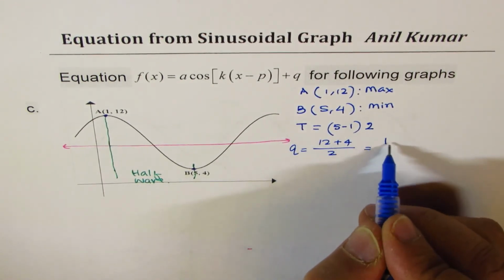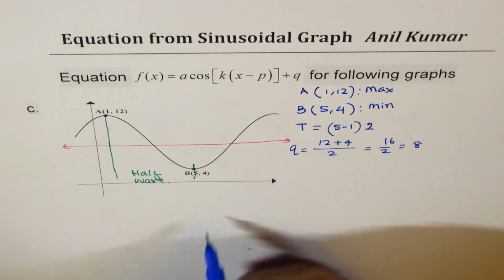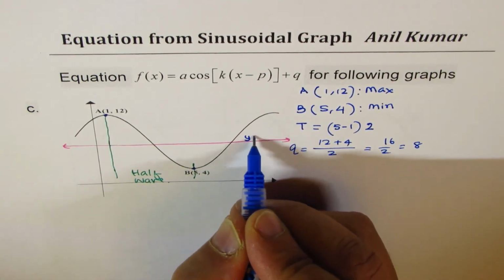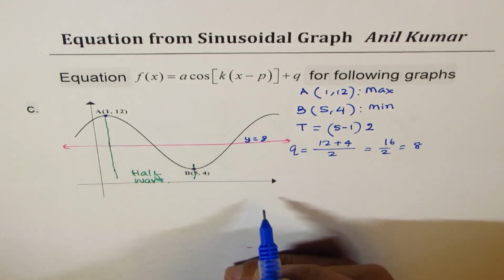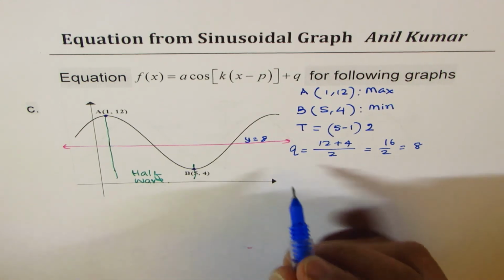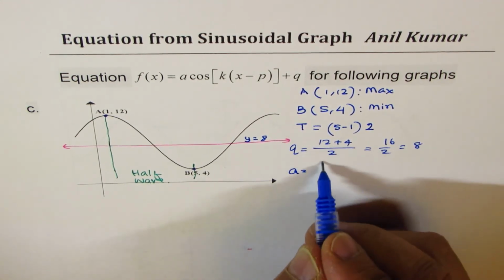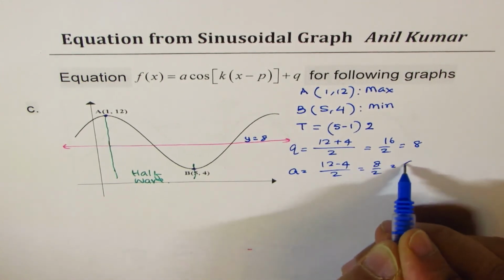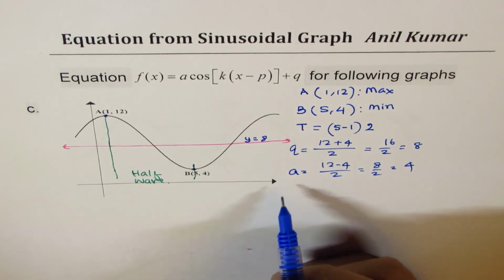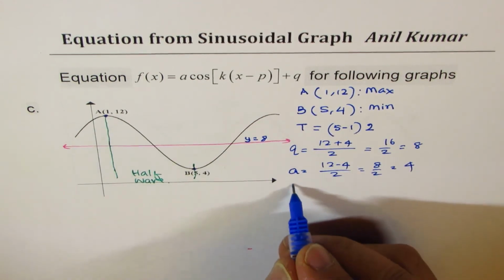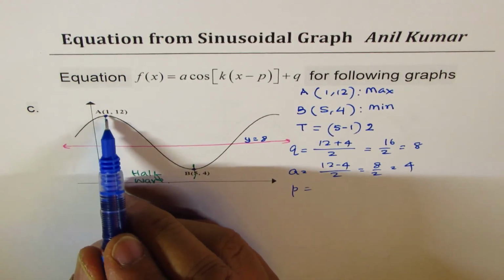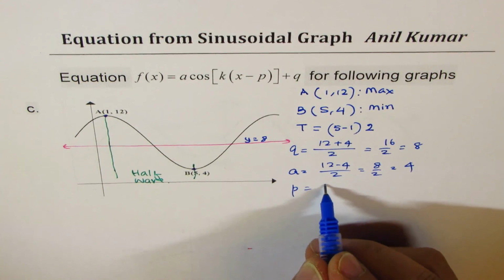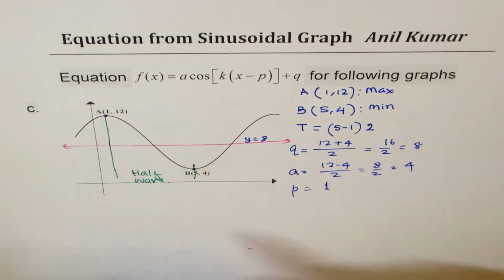That gives you 16 divided by 2 as 8. So y equals 8 is the axis for the given curve. Amplitude A is difference of these two divided by 2, which is 8 divided by 2 or 4. Phase shift, you can clearly read the maximum is at 1, 12, so phase shift is 1.